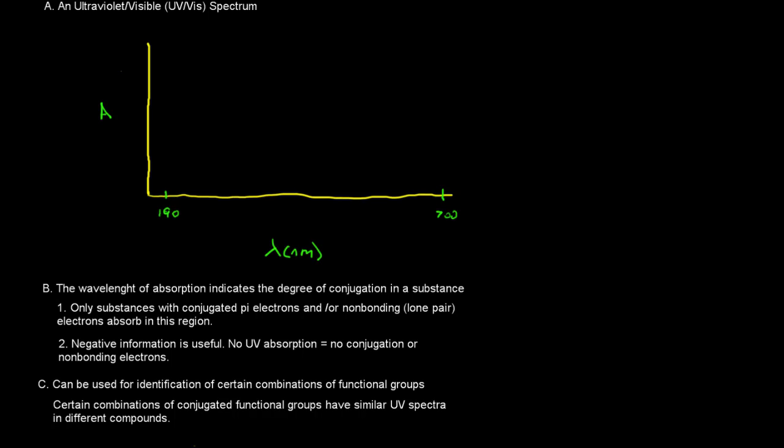Predominantly what we'll be using UV or UV visible spectroscopy for is to determine the degree of conjugation in a substance. So now we're going to turn our attention to the theory of how exactly UV visible spectroscopy works and how we can use it more specifically.